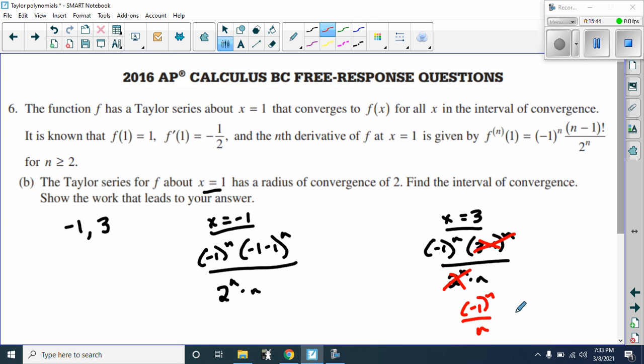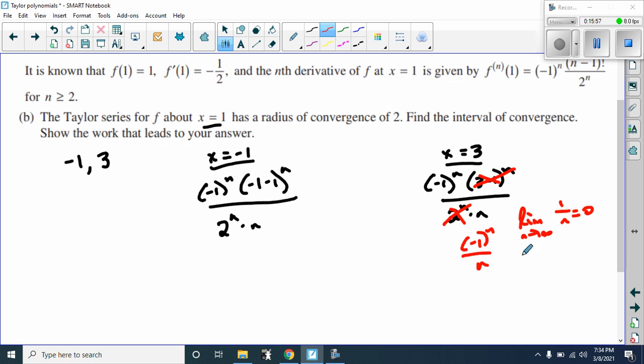It's an alternating series. The limit as n approaches infinity of 1 over n is indeed 0. And my terms decrease. 1 over n plus 1 is always going to be less than 1 over n. The next term is always less than or equal to the previous term, as long as n is greater than or equal to 1.